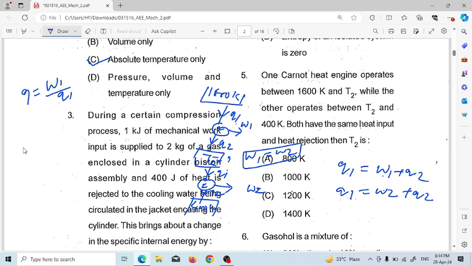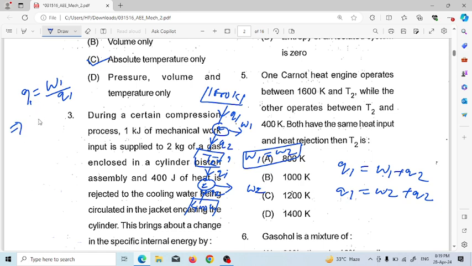For the first engine, efficiency 1 is equal to W1 divided by Q1.